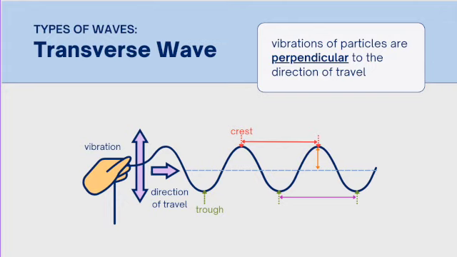Now, the orange up and down represents the level from the middle of the wave to the tallest part, which is the amplitude. Good job. And last but not least, the purple represents the length from a trough to a trough, which is wavelength. Great job.